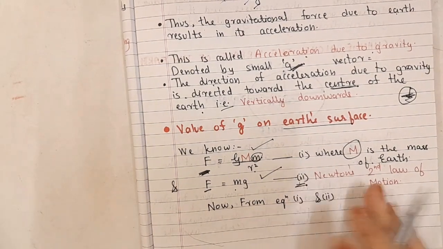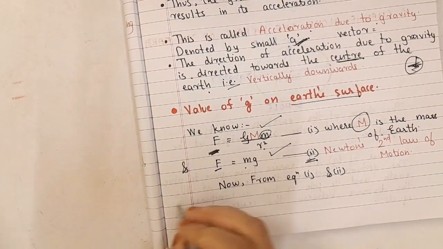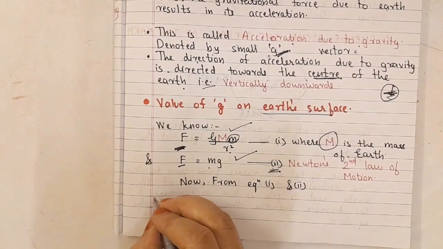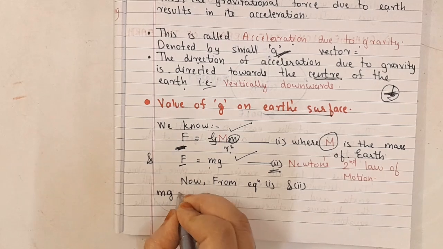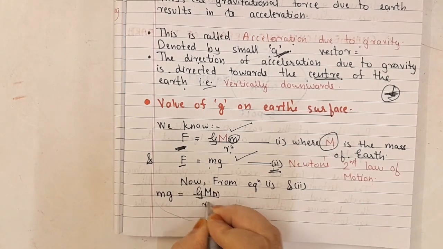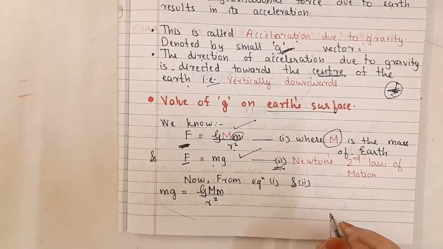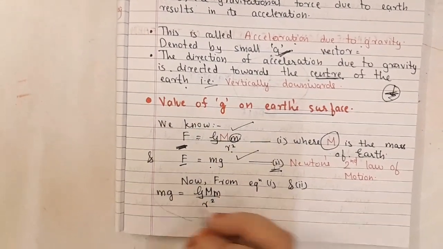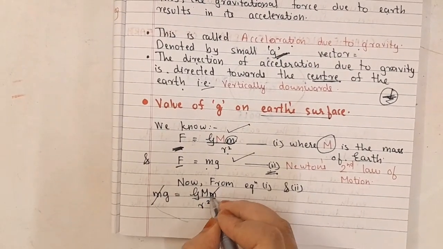Now from these two equations we can get mg. Okay, we can write here mg is equal to GMm upon r square, equating these two equations. Alright, now here we can cancel m and m.